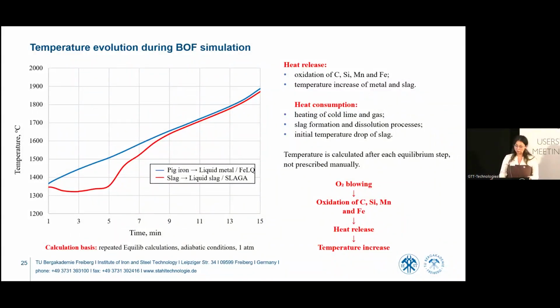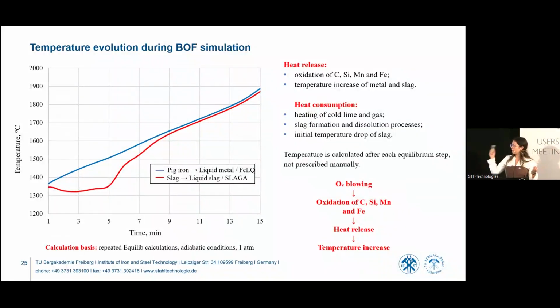This slide shows the temperature evolution calculated by the FactSage simulation. The temperature was not prescribed after each step. It was calculated by FactSage from the equilibrium state, under adiabatic conditions, and this graph shows two curves: the temperature of the liquid slag and the temperature of the liquid metal. The hot metal temperature increases during the whole process, and the slag temperature behaves a little differently.